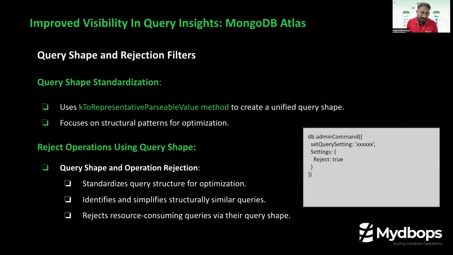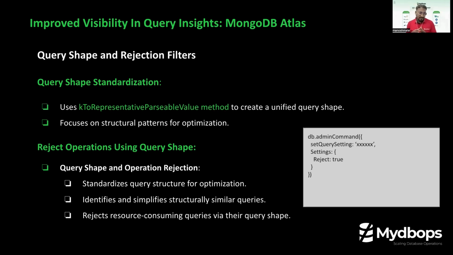And the next thing is we have a query shape standardization. So in the previous version of Mongo, they introduced query hash and the query shape, and now again query shape.